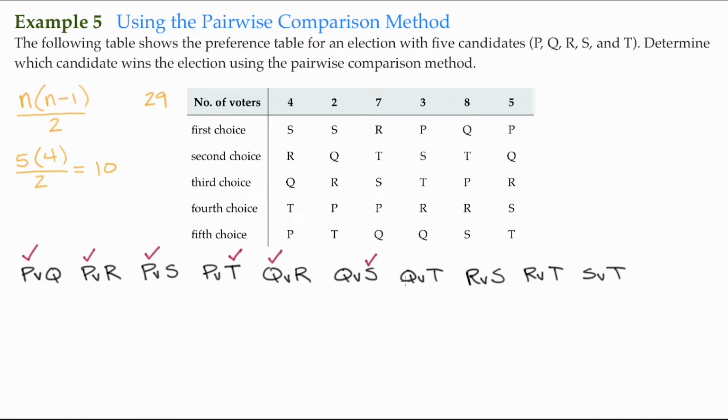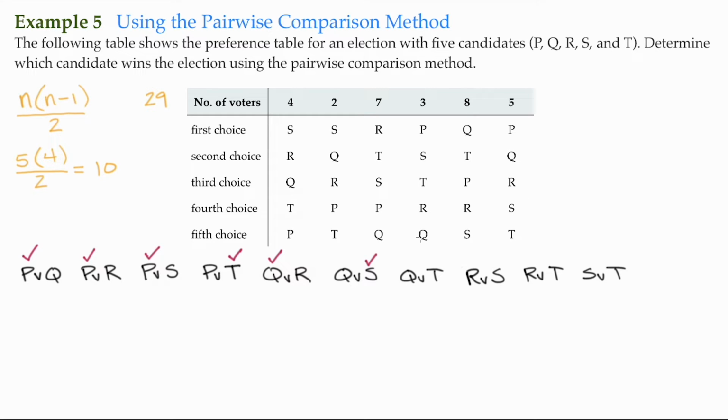And then we'll compare Q and T. Q wins here. Q is higher than T, so there's 4 votes. Q is higher than T again, so there's 2 more, that's 6. Q is higher than T here, that's 14. And Q is higher than T here, so that's 19.